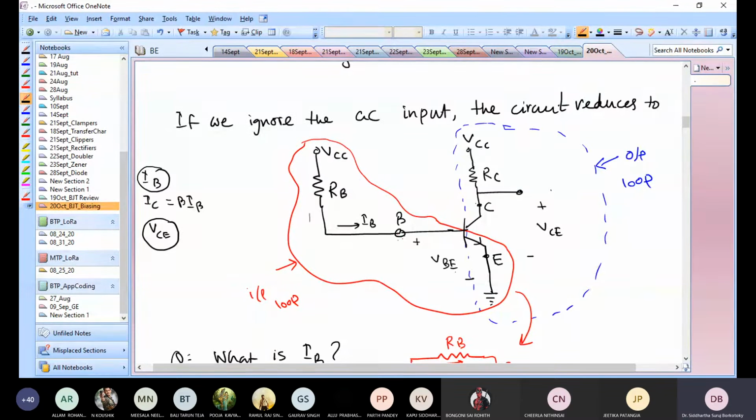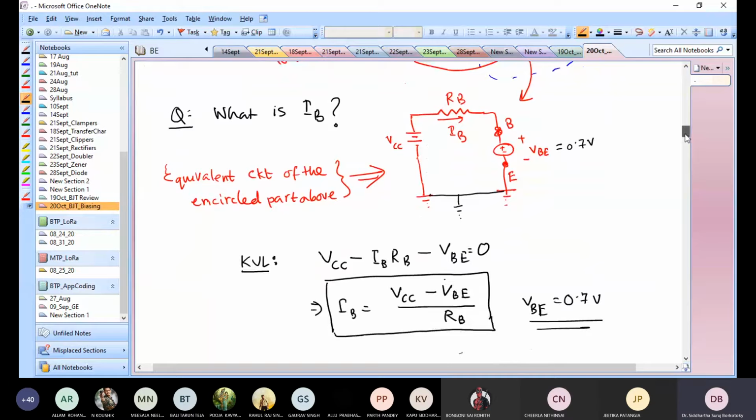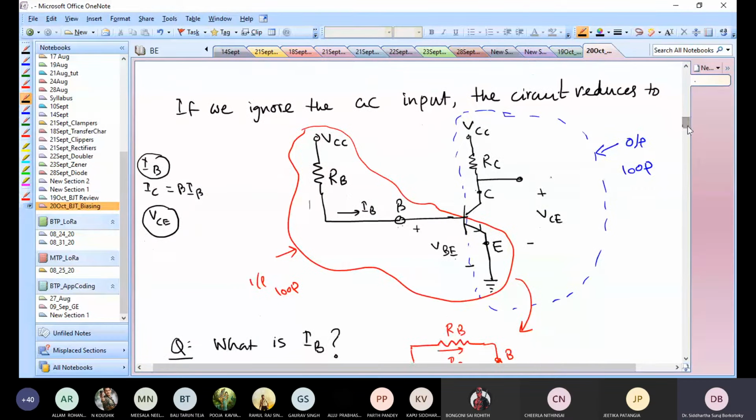And on the output side, I have again VCC coming through RC, and then I'm going down and getting a voltage drop of VCE, and then finally coming downwards to the ground. And so this is the input and output loop.